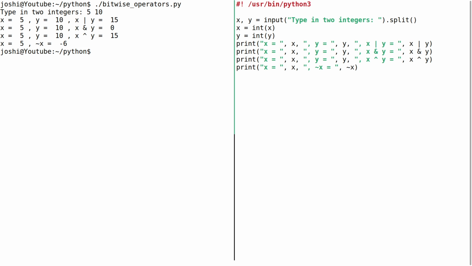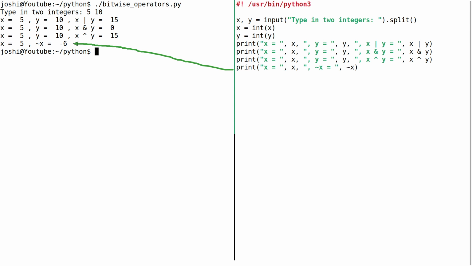And the last one is interesting. Here, since it is a unary operator, only one operand is required. Suppose I have chosen this x. So bitwise NOT of x is -6. Because what happens is, whenever you take bitwise NOT, zeros become 1 and ones become 0.